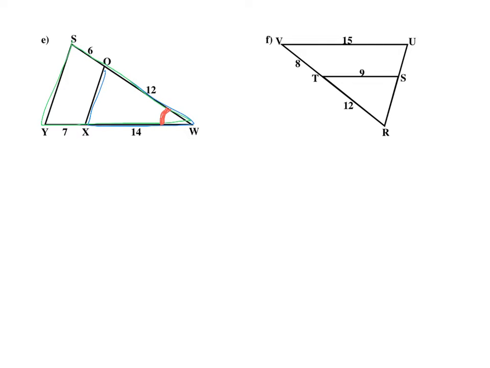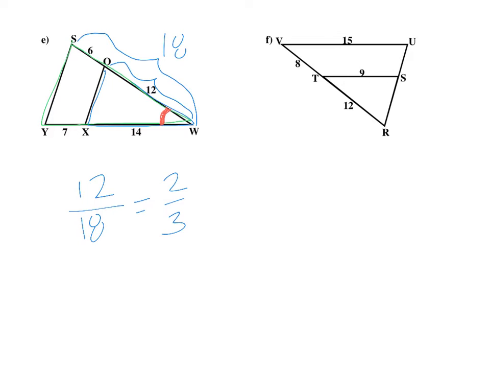I have this side here for the blue triangle, which is 12. I'm going to put that over this side of the bigger triangle, which is 18. That reduces to 2/3. Then I have this here.